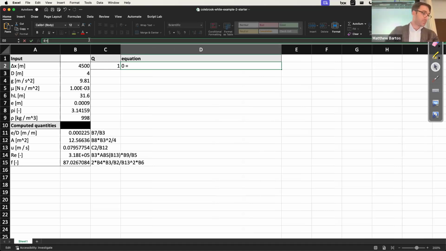This is equal to 1 divided by the square root of our friction factor, that's cell B15, plus 2 times log 10 of quantity E over D, that's cell B11, divided by 3.7, plus 2.51 divided by the Reynolds number, divided by the square root of the friction factor.